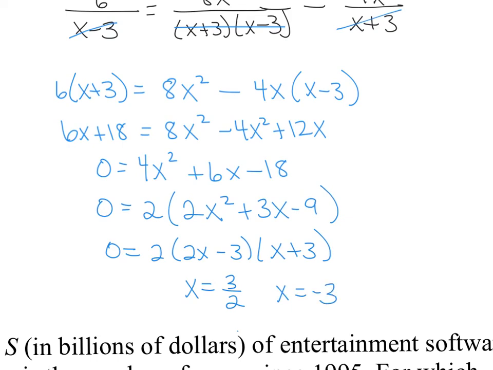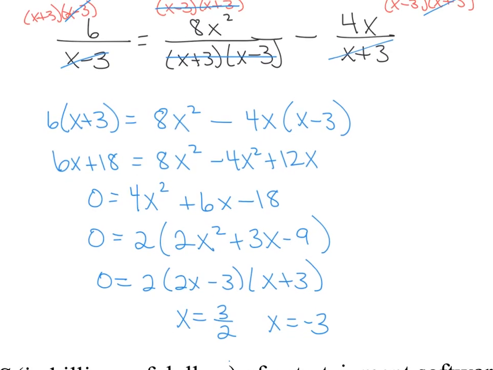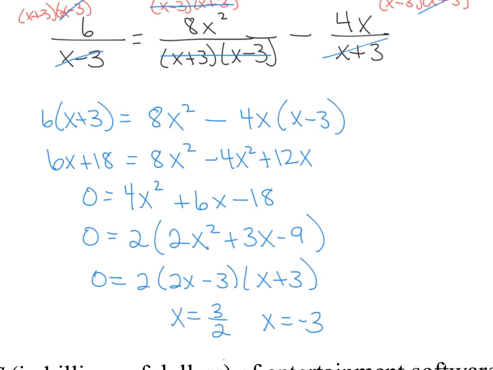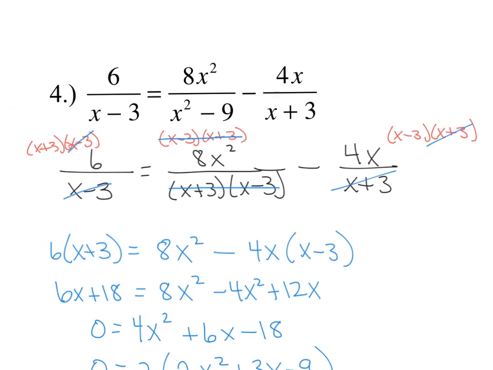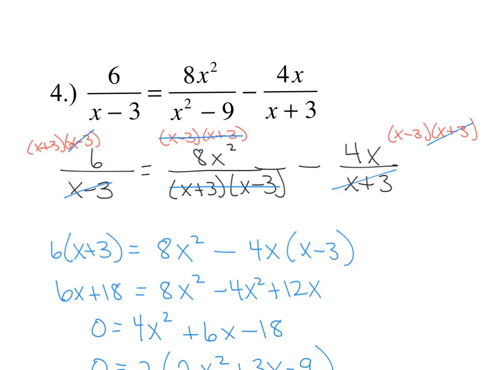Now this one does have an extraneous solution. I can tell you by a quick glance that negative 3 has to be extraneous. If I look back up into my original equation, if I were to put a negative 3 in this fraction right here off to the far right, negative 3 plus 3 will give you a 0, and you should know that you can't have a 0 in the denominator of any fraction.